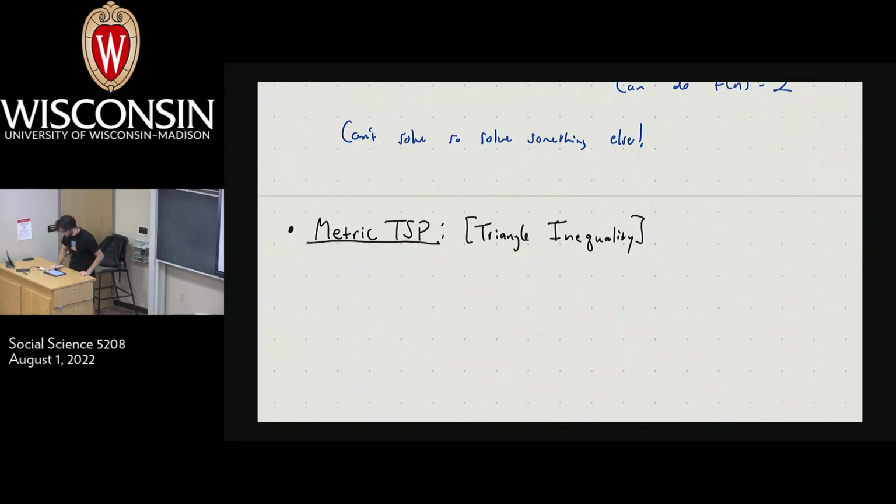So what we're going to do is solve a slightly different version of the problem called the metric TSP problem. And the key idea in this problem is we need to satisfy the triangle inequality.